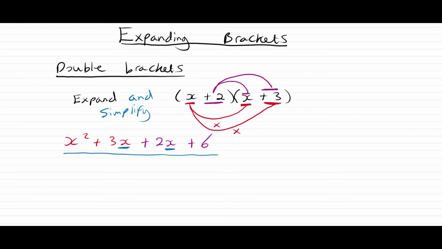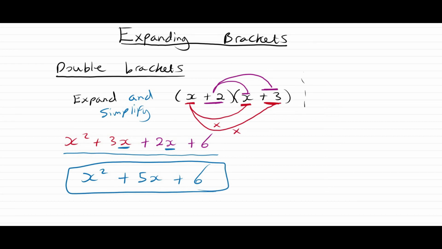Whereas the x is just solely x. So they have to combine with only x's on their own. There is an exception, but I'll go into that in more detail in a second. But anyway, you'll now have x squared on its own, because nothing adds to that. And 3x plus 2x gives you 5x. And then plus 6 at the end. And that's the answer.